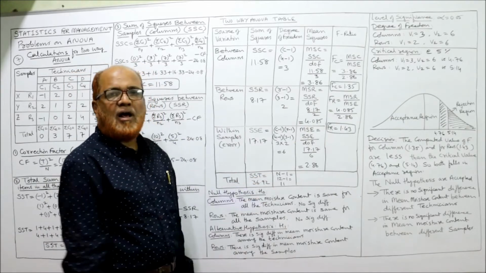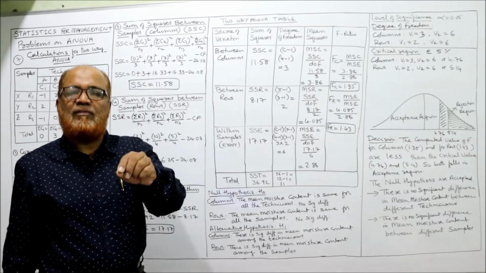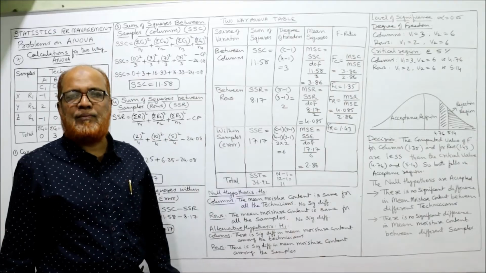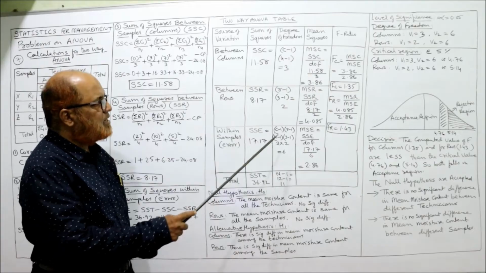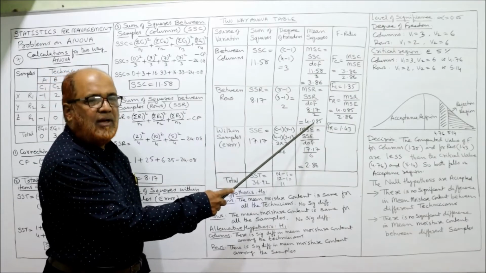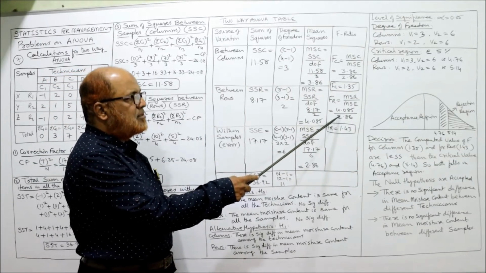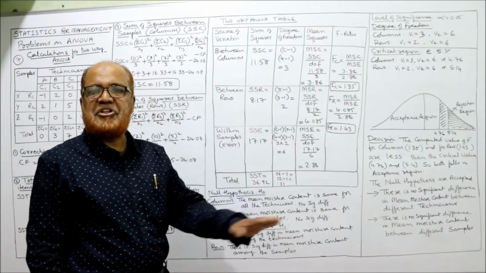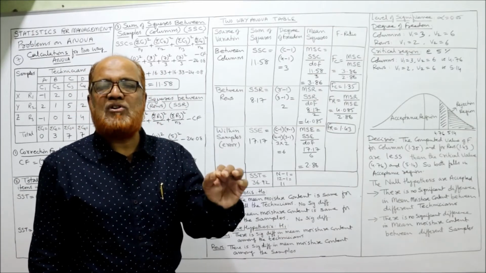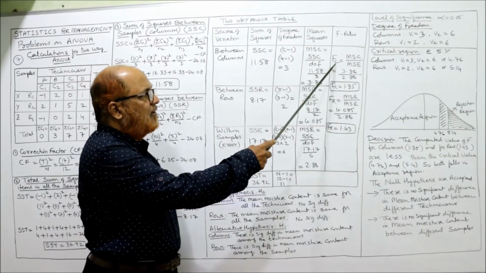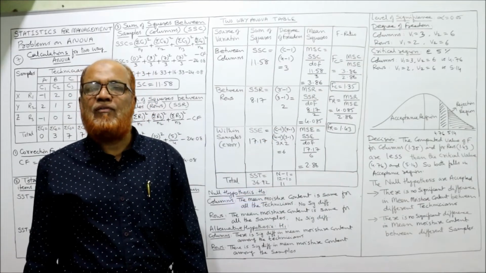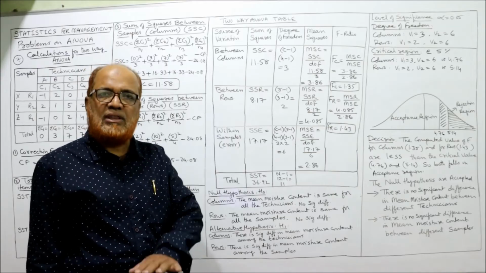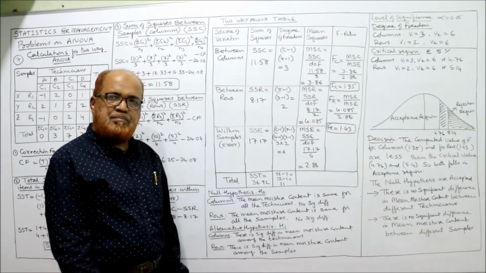Similarly, FR, the computed value of F for rows, is MSR divided by MSE. MSR is 4.085 and MSE is 2.86, so you get 1.43. The purpose of making this table is to find the computed value of F for columns and for rows. Now we can follow the steps.